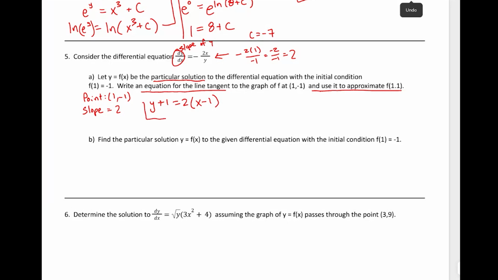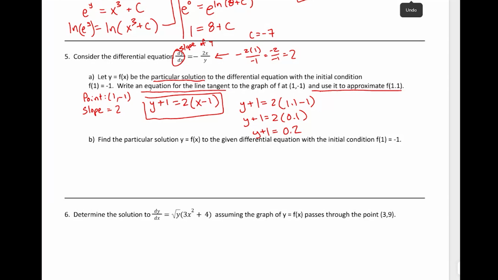And yeah, there's your linear approximation. That's the first part of this, finding an equation for the line tangent to the graph, and we got that. And now we're going to use it to approximate f of 1.1. So we're going to substitute 1.1 in for x. y plus 1 equals 2 times 1.1 minus 1. 1.1 minus 1 is just going to be 0.1, and then times 2 would be 0.2.